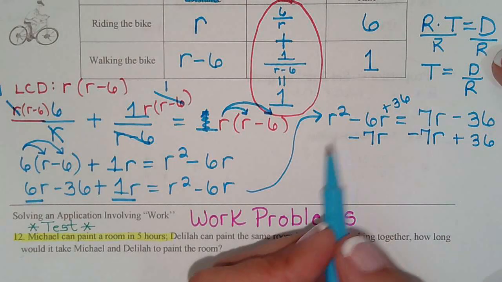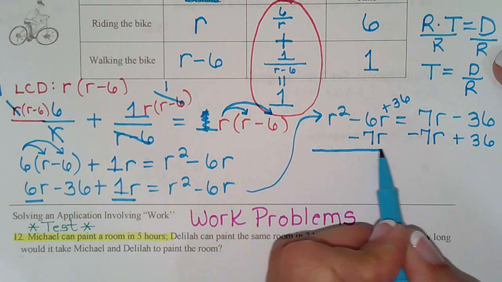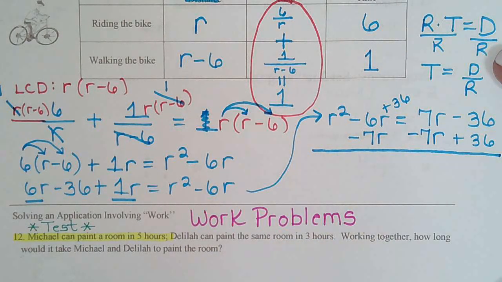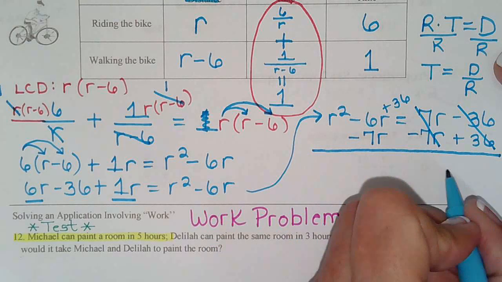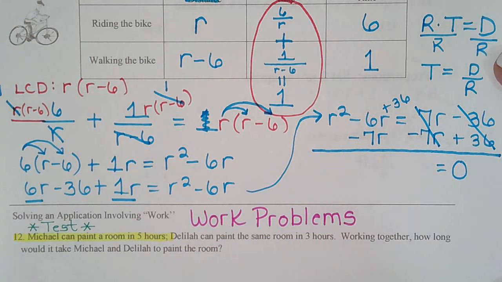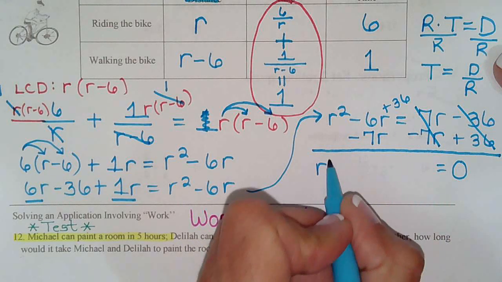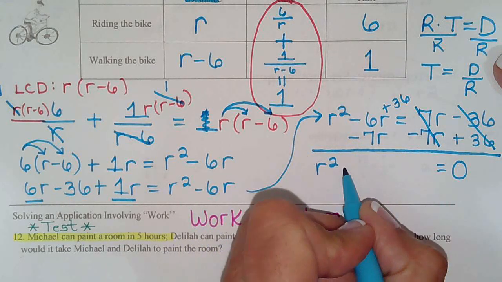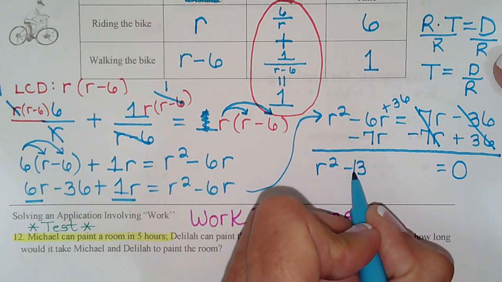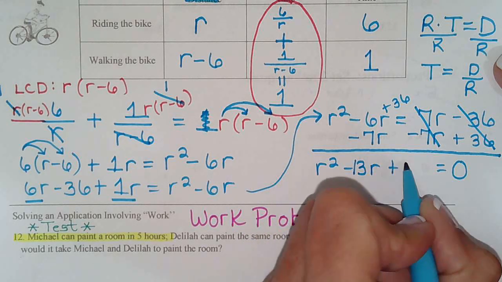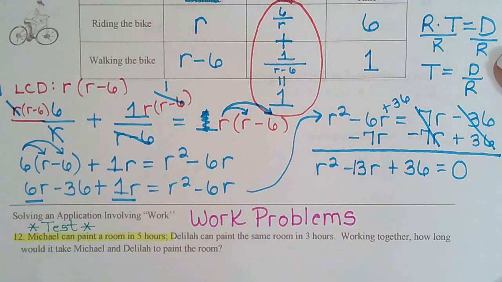A very common mistake by students is they forget to do the opposite when they're crossing the equal sign. So 7R minus 7R is 0. 36 minus 36 is 0. So we definitely have 0 over there, which is our goal. On this side, we have R squared minus 13R. Whoa. Plus 36 equals 0.